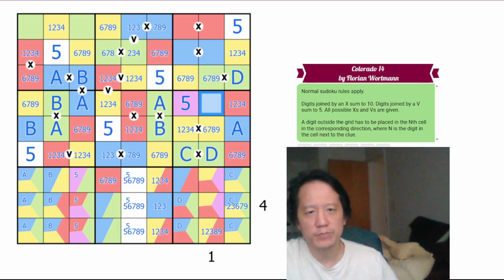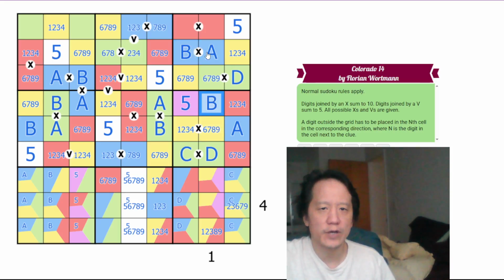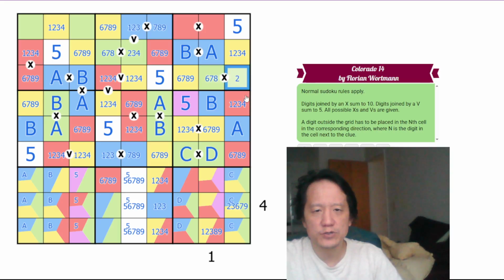So this would be the B version. This would be A. This would be B. So one of A or B. So this would be 6, 7, or 8. This would be 2, 3, 4.